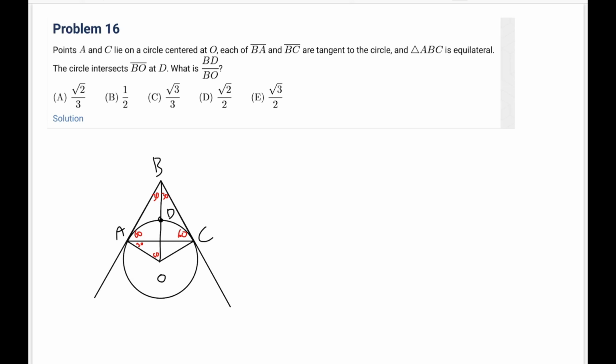Let's put it in blue. 1 to 2, and then 2 is the same as here, right? So this would also be 1. This would be 1. And then this would also be 2. So BD over BO is, BD is 2, BO is 2 plus 1 plus 1, which is 4. So BD over BO is 2 over 4, which is 1 over 2. The answer is B.